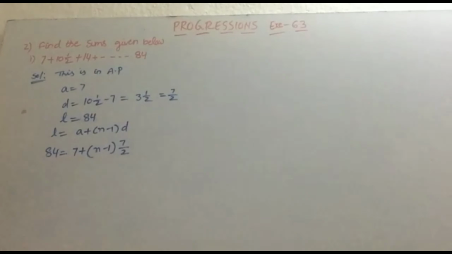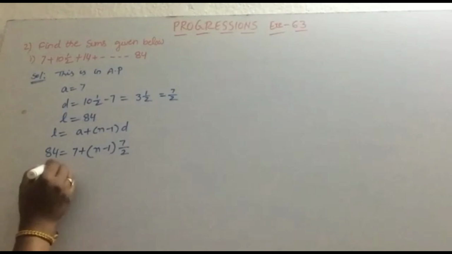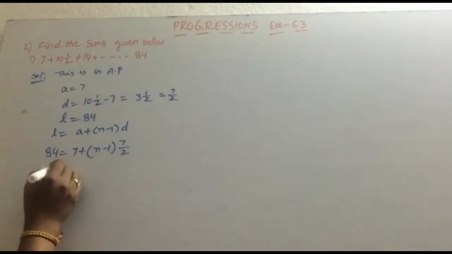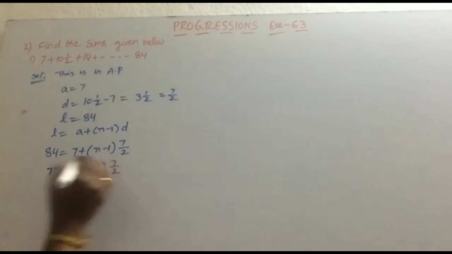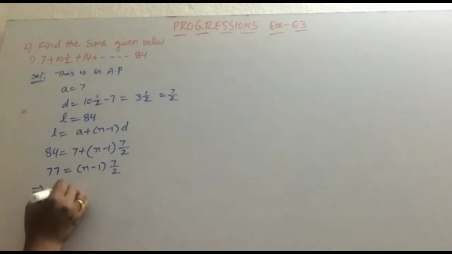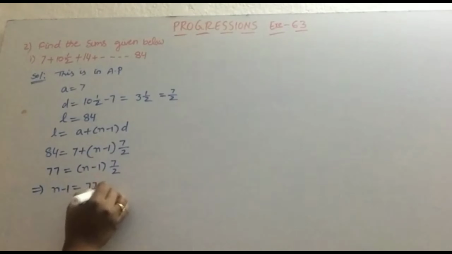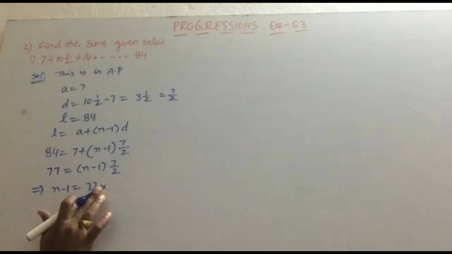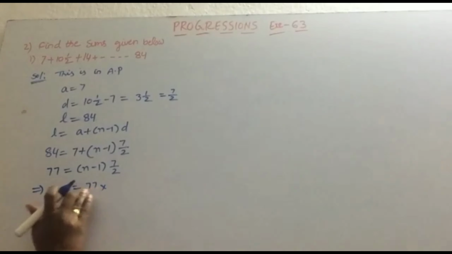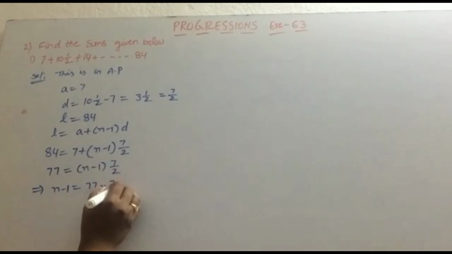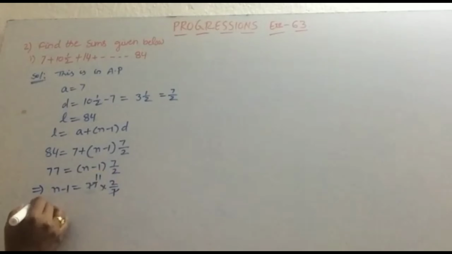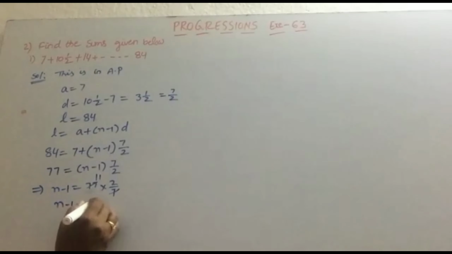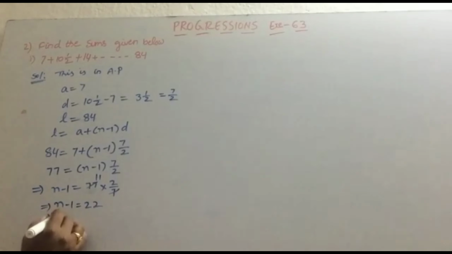So 84 minus 7, that is 77 equal to n minus 1 into 7 by 2. So that means n minus 1 equal to 77 into 2 by 7. So n minus 1 equal to 22. That implies n equal to 23.